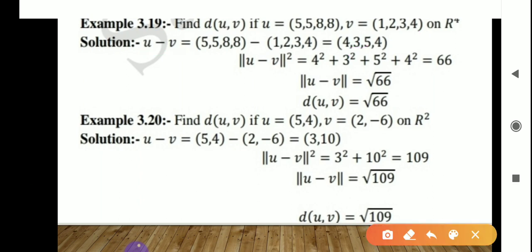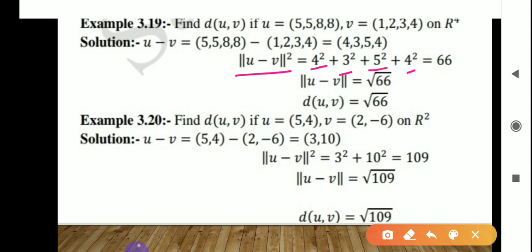We know that the norm of u minus v is equal to the square root of the inner product of u minus v comma u minus v. Okay, so the square of the norm of u minus v will be a1 squared plus a2 squared plus and so on, then its root is taken. Here we get 4 squared plus 3 squared plus 5 squared plus 4 squared.